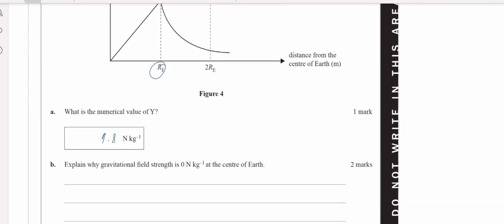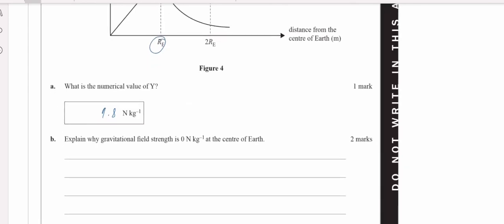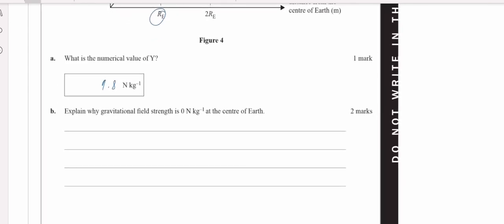Explain why the gravitational field is 0 newtons per kilogram at the center of the Earth. So at the center, there are equal masses in all directions.